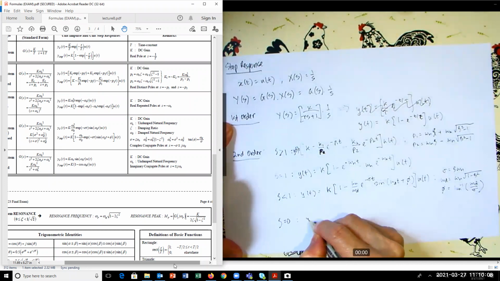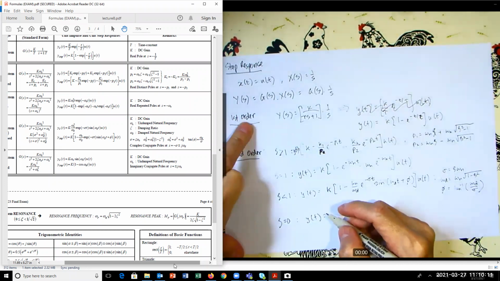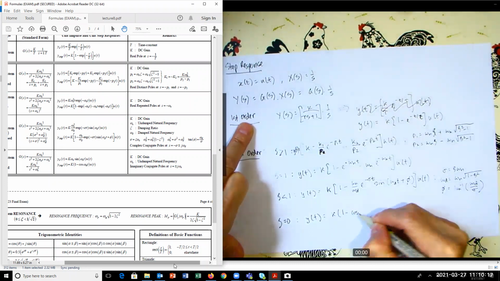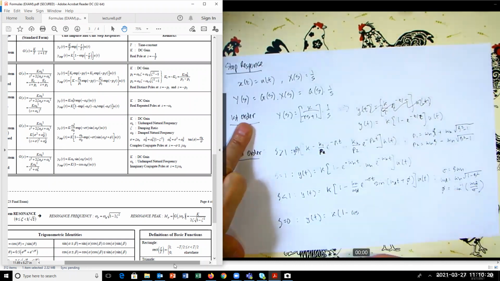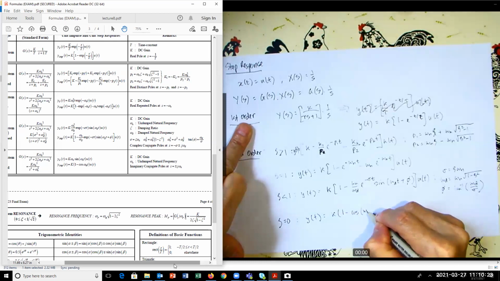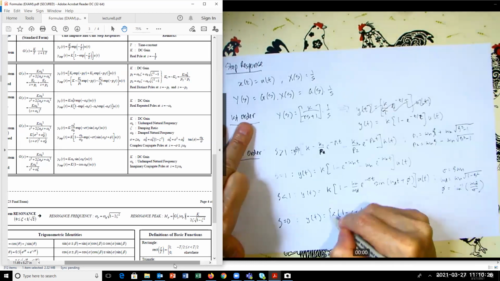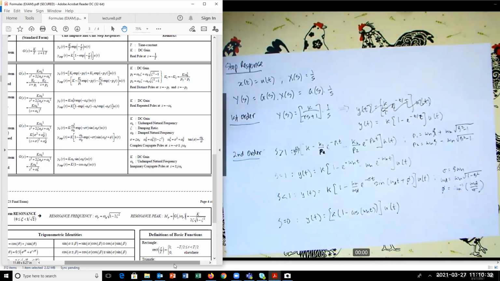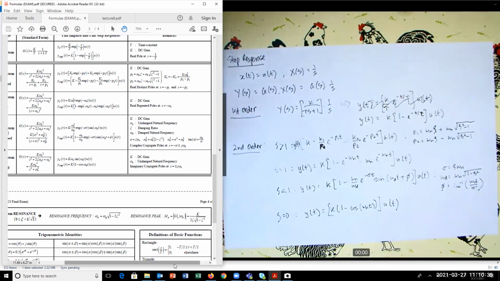Then y(t) will be just this last expression, K into 1 minus cos of omega n t, u(t). So those are your 4 cases for the step function. Each of these, if you go through the derivation, will be these 4 steps: differential equation, Laplace transform, factorize, inverse Laplace transform, and you will get all these respective y(t)'s.